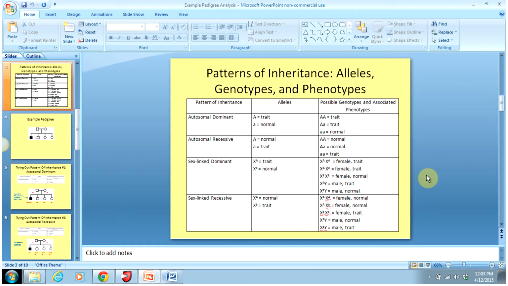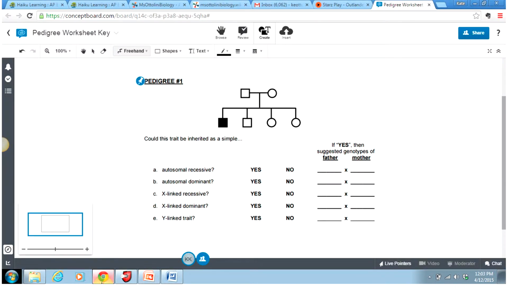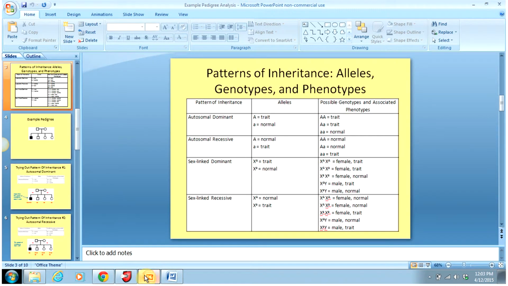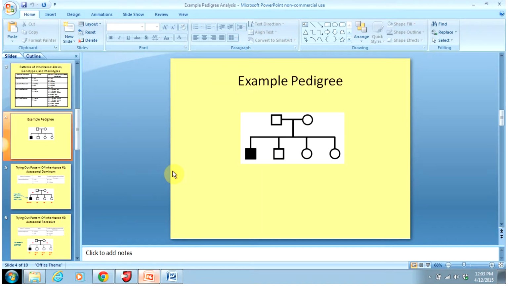Now we are going to use this chart as we tackle the first problem on your pedigree worksheet, which looks like this. So as we go through the video, you're going to be filling in your responses for pedigree number 1 on your pedigree worksheet. Okay. So this is the same pedigree that's shown on your pedigree worksheet for number 1.